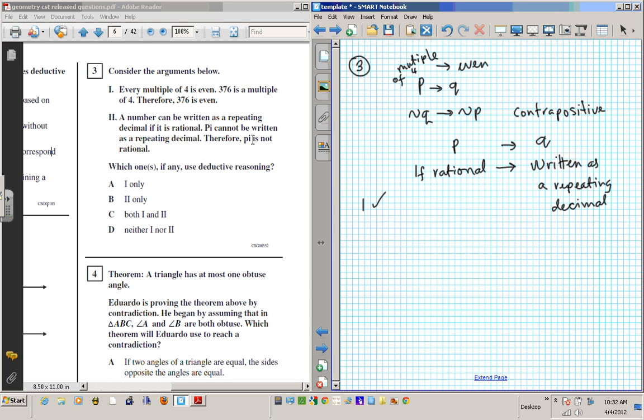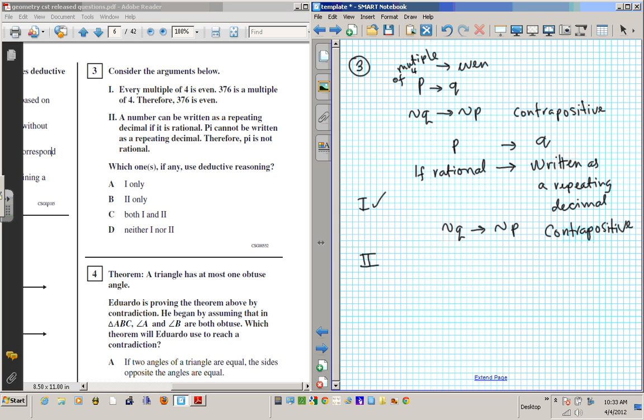You notice it's switched around. Cannot is the negation of this. So you basically have not Q implying that pi is not rational, not P. So when you switch it around like this, you're doing the contrapositive argument, and this is a valid deductive reasoning argument too. So 2 also is true.